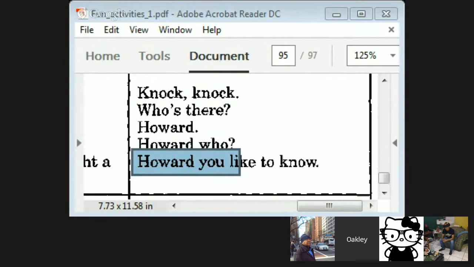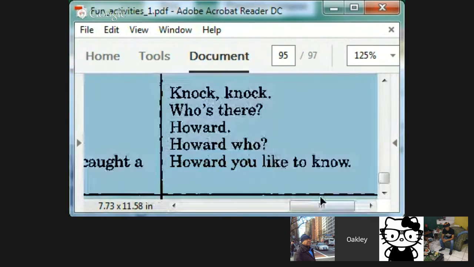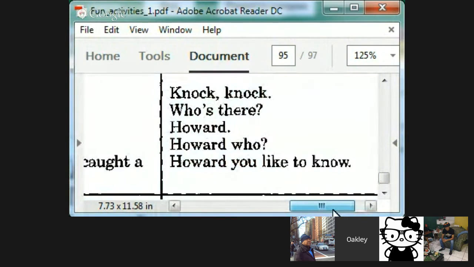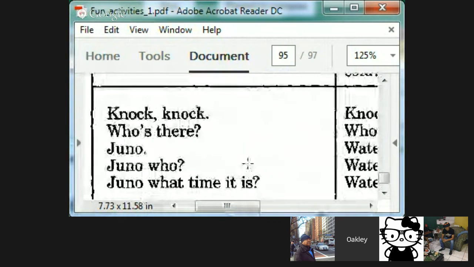Without the R sound. That one's a weird one. I don't really get that one. I know what it's supposed to sound like, but "how would you like to know?" doesn't make sense to me. Maybe "how would you like to go?" would make a lot more sense. That's a silly one. Anyway.